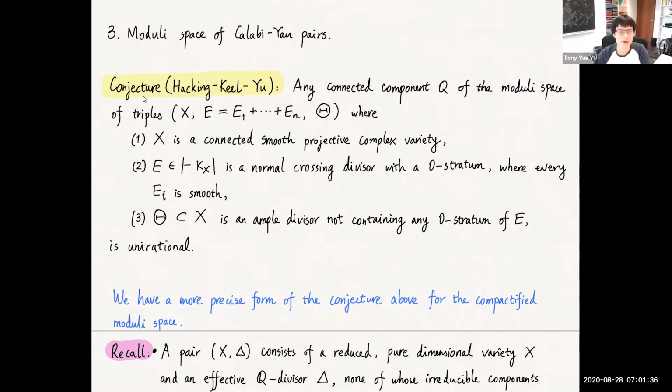Recall, we have the following conjecture regarding the moduli space of stable pairs.